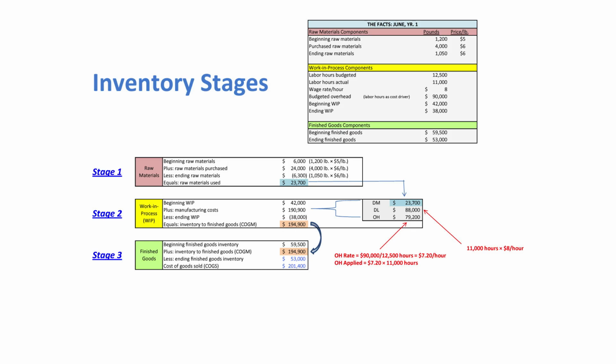But if you don't need to, then just take your beginning finished goods plus your cost of goods manufactured, go ahead and subtract your ending finished goods, 53,000, and therein lies your cost of goods sold. The subtotals, though, are sometimes helpful in backing into missing pieces of the puzzle like we saw in the regular textbook. Alrighty, but nonetheless, therein lies your cost of goods sold.